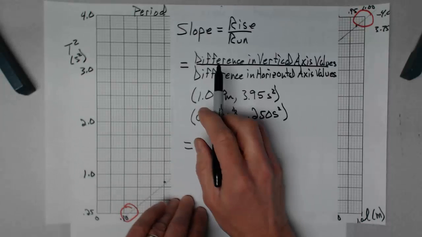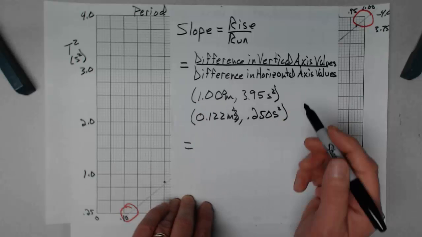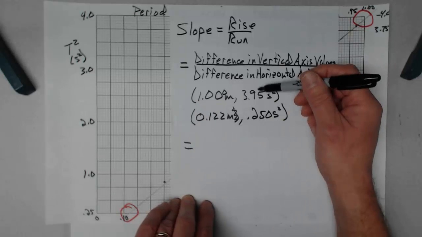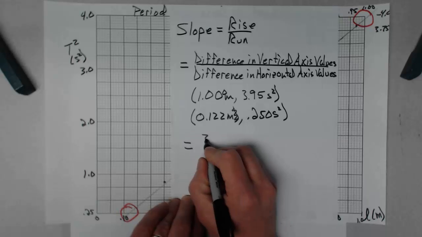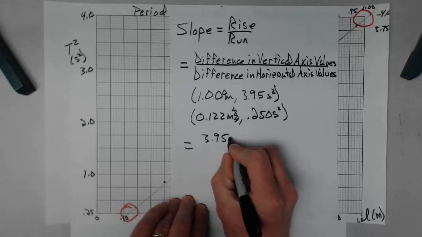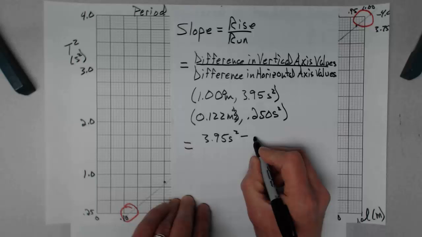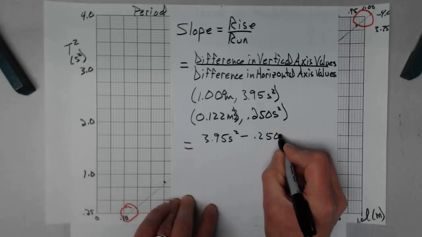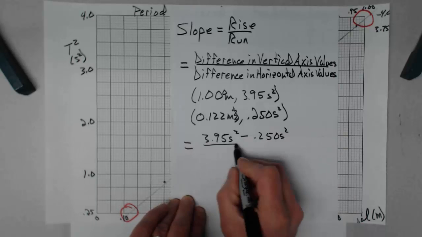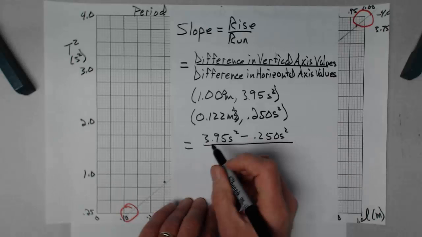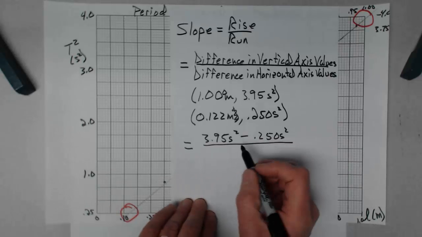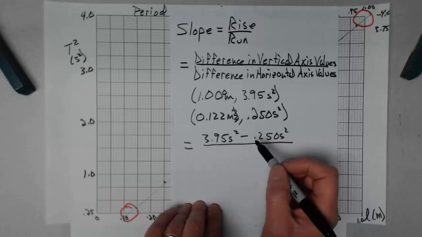Rise over run, the difference in the vertical axis values. These are my vertical axis values. I would have 3.95 seconds squared minus 0.250 seconds squared. I think I can do that subtraction in my head, but we'll be careful anyway.